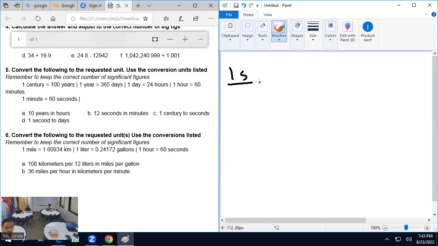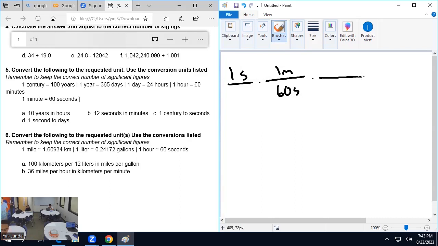Multiplied by 1 second. Valeria, can you give me the first unit? 1 minute over 60 seconds. That is correct. Typically, it's some number greater than 1 over some number that is 1, but because this is less, we're going up, so the bottom is going to be greater than 1.